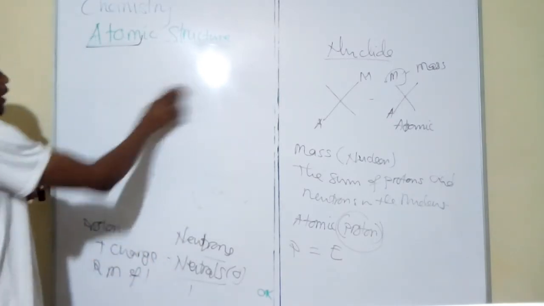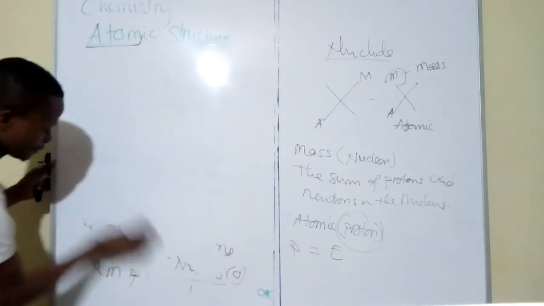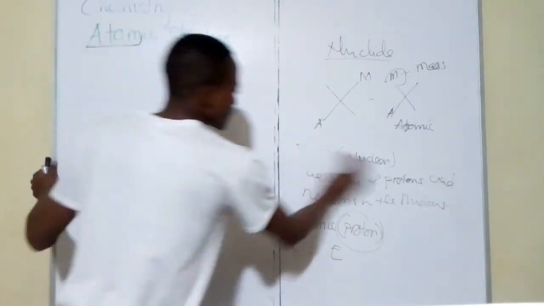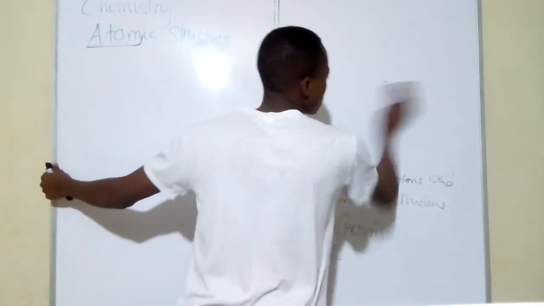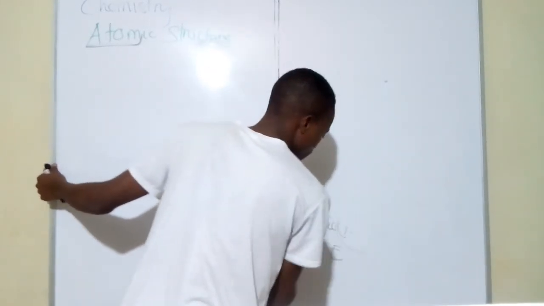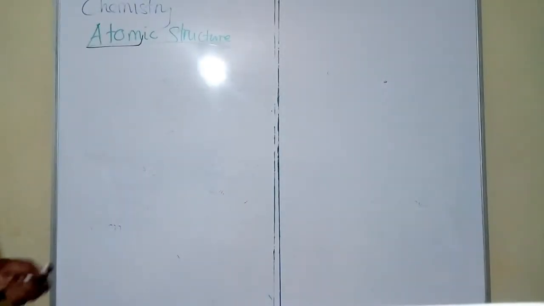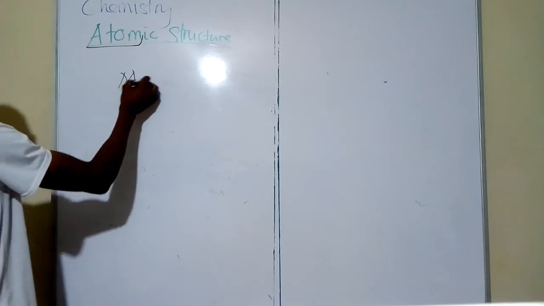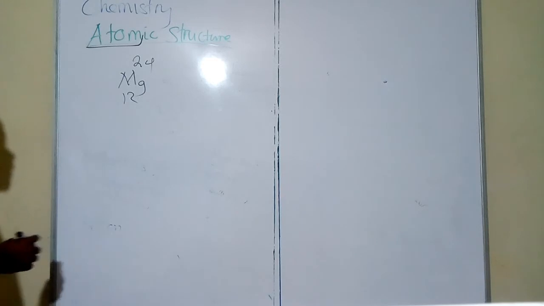Okay, so how can we calculate the protons, electrons, and the neutrons in the atom of an element? Let's say we have magnesium. Magnesium has the mass number 24 and the atomic number 12.